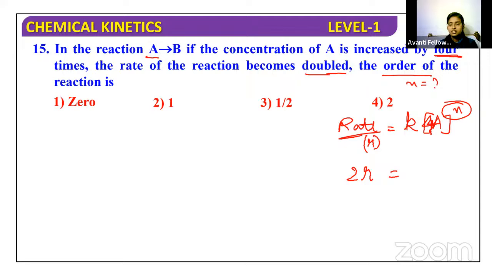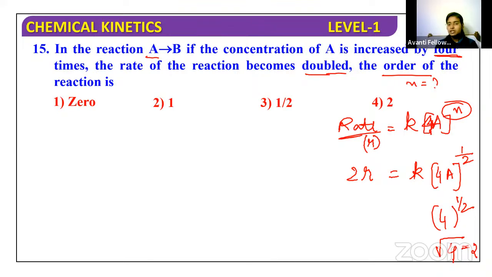See, listen. Sanika gave option 3 as the answer. Let me substitute n value as 1 by 2 according to her option. So I'll get rate is equal to K into 4 power 1 by 2, which is nothing but root 4, which is equal to 2.